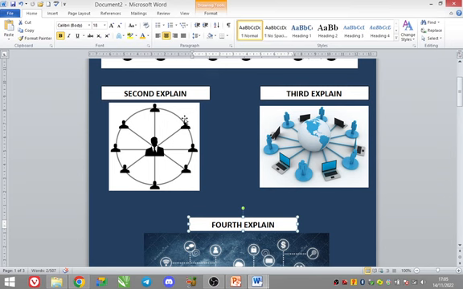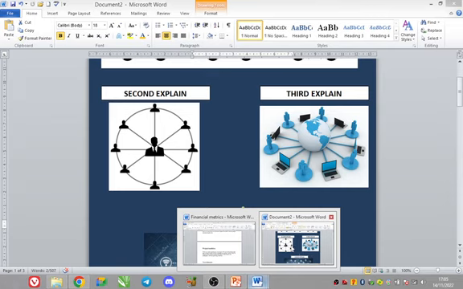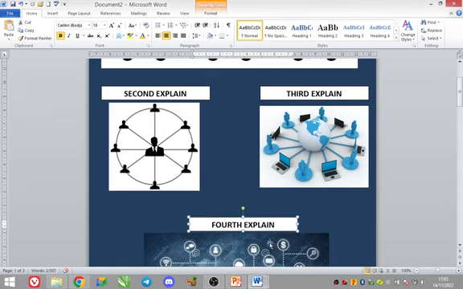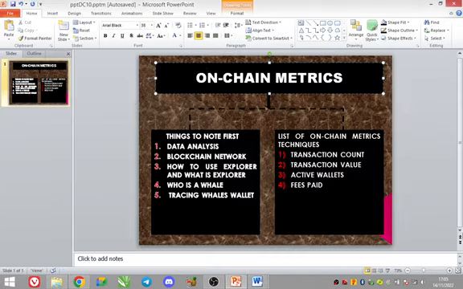Why I use cycle is because everything revolves around the word blockchain. So we'll be using our on-chain metrics to locate some of these things.